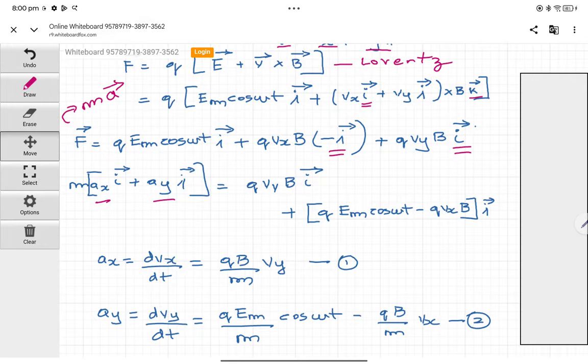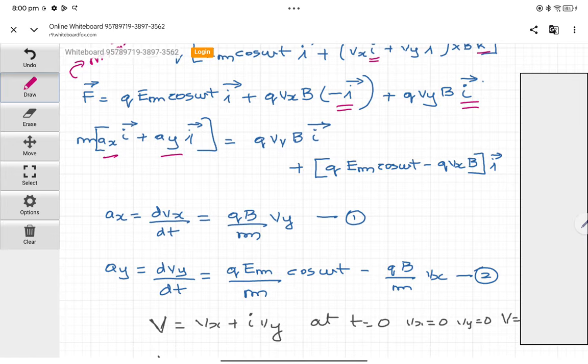Okay, once we have done that, we get the acceleration in the x direction, which we can also write as dvx by dt. Remember that. And if you compare the i cap coefficients, then your ax will be qB by m into vy.